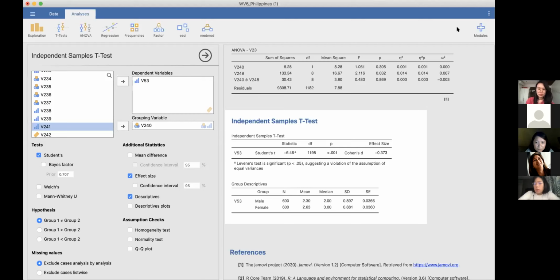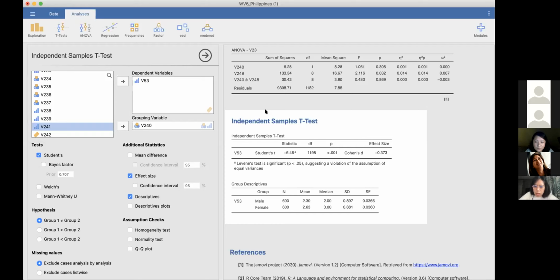Okay. So, can somebody interpret the results? Did you get the same results? Michelle, did you get the same results? Yes po, ma'am. Sige. Can you interpret? What do you see in the findings? On the findings, males and females have different beliefs.